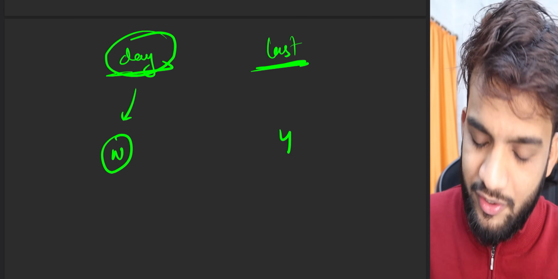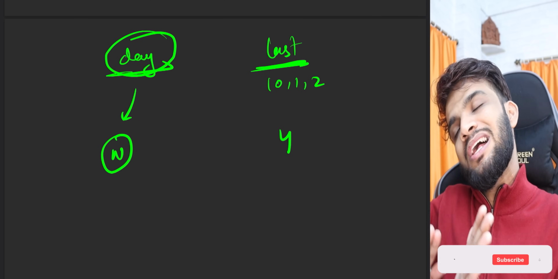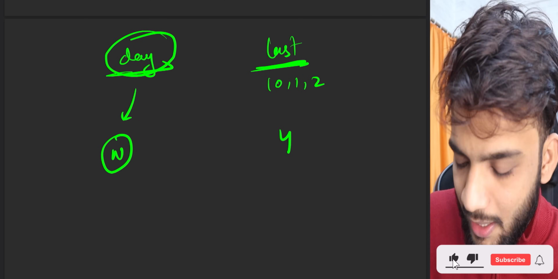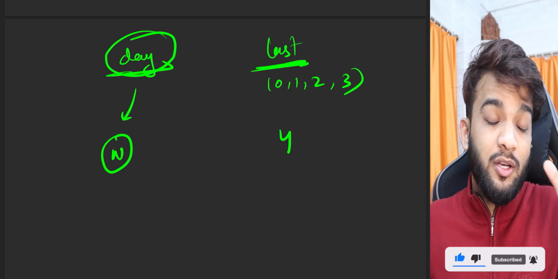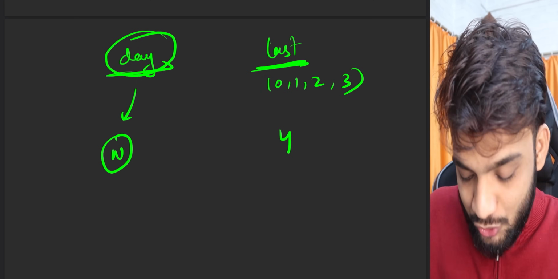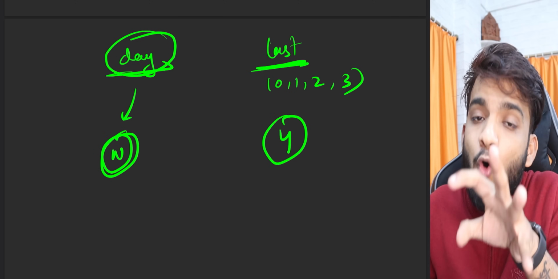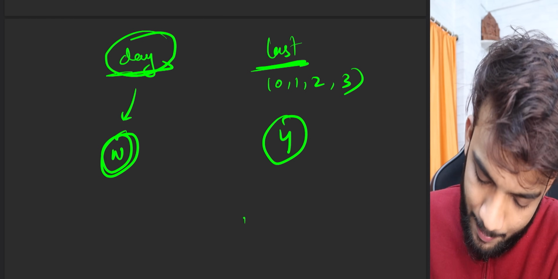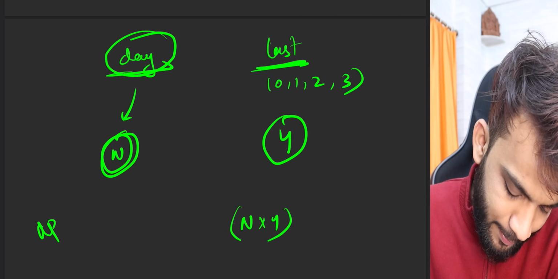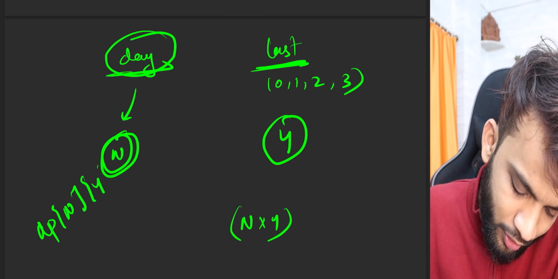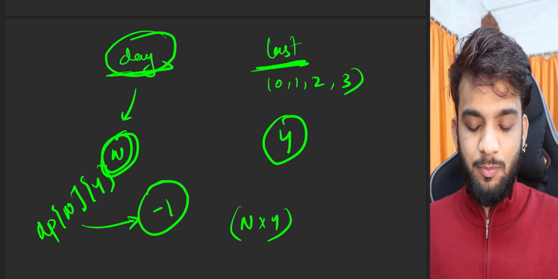So four different values, which are 0, 1, 2, task 0, task 1, task 2, and 3, which states that none of these tasks have been performed. So there are n times 4. For every n state, there can be 4 different possibilities. Thereby, you'll require an n cross 4 dp size array. Remember this, thereby you'll require an n by 4 array initialized with minus 1.